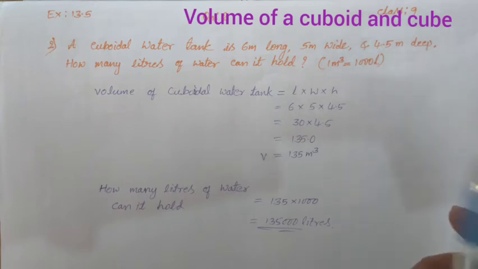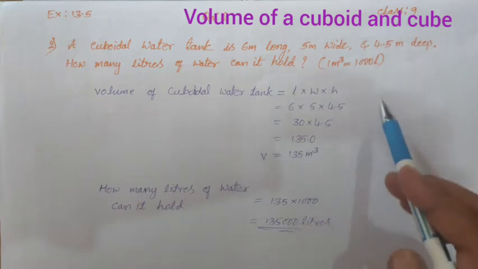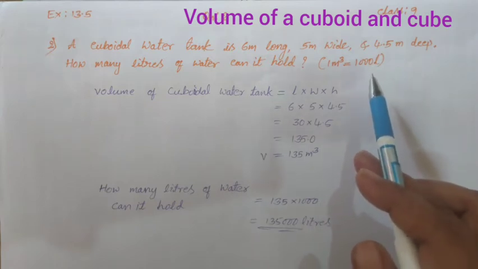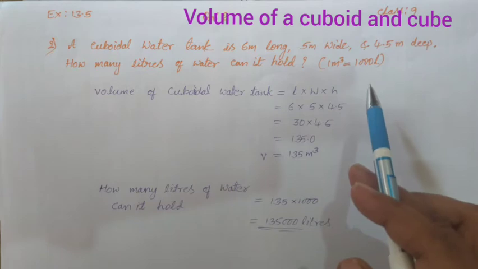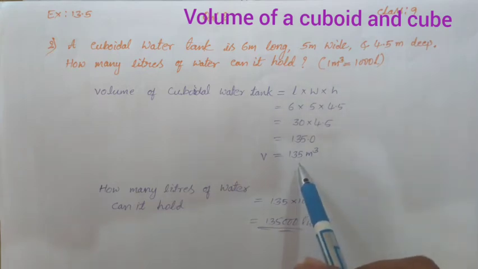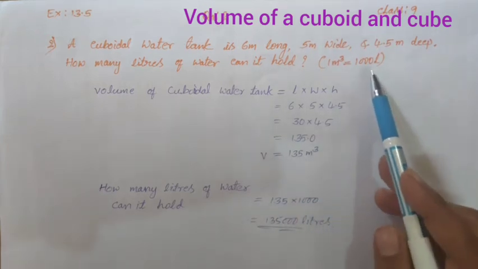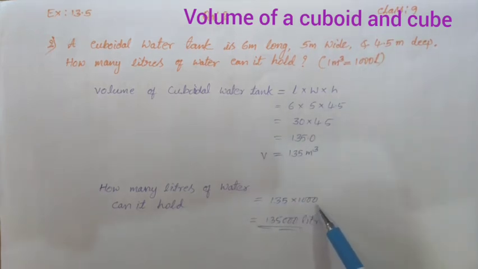Here 1 meter cube is nothing but 1000 liters. How many meter cube is there here? Here 135 meter cube is there. 1 meter cube is 1000 liters, therefore 135 into 1000.